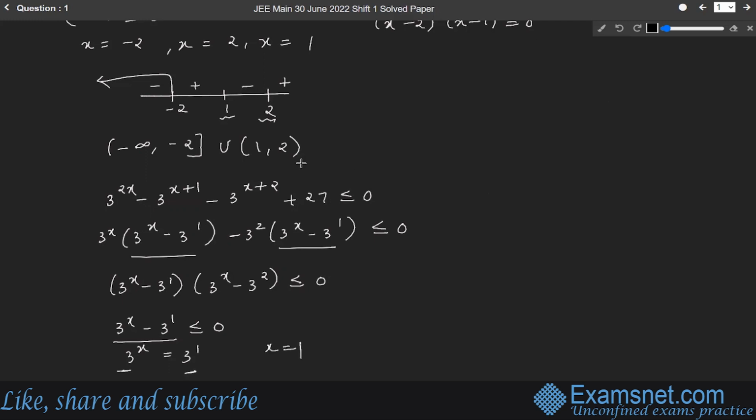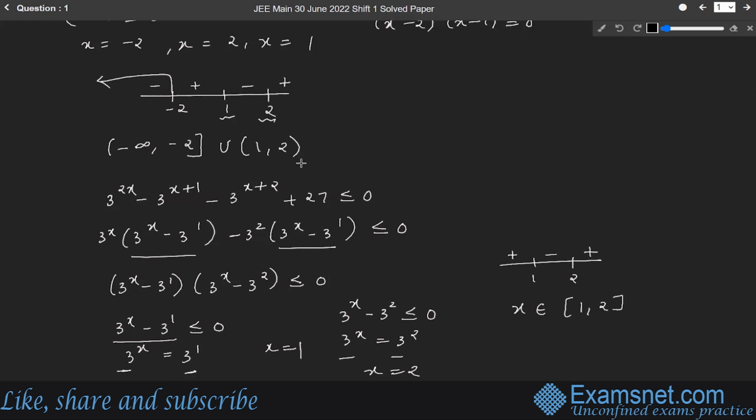So x is equal to 1. And in the second case, which is 3 power x minus 3 power 2 is less than equals to 0, 3 power x will be equal to 3 power 2. Again, the base is same, so x will be equal to 2. Here we have two values of x, which is 1 and 2. Okay, it will be plus, minus and plus. So for this set, we can say that x belongs to 1 comma 2 and both will be included.